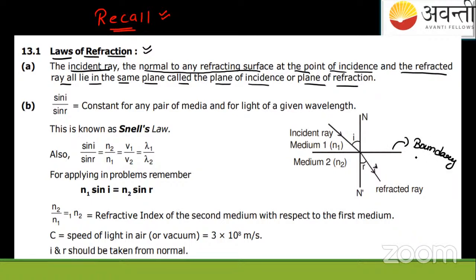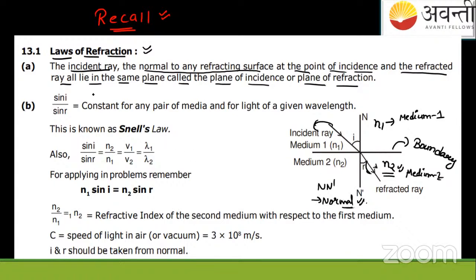This is the medium with refractive index n2, and this is the medium with refractive index n1. Did you understand? Medium 1, medium 2. The incident ray, the refracted ray, and this n dash, which is basically the normal, all lie in the same plane.